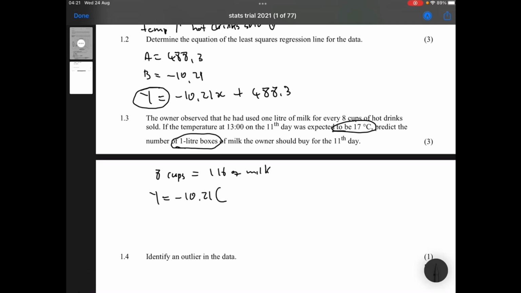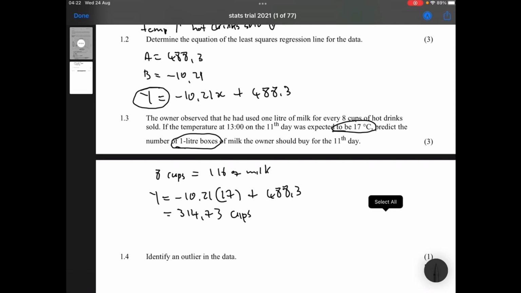In place of X, we put in 17, right? Because our X is the temperature, plus 488.3. And that is giving me 314.73 cups sold, right?